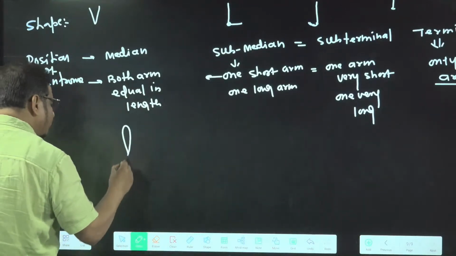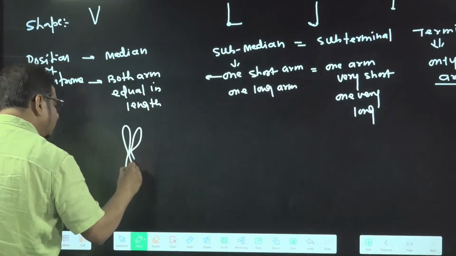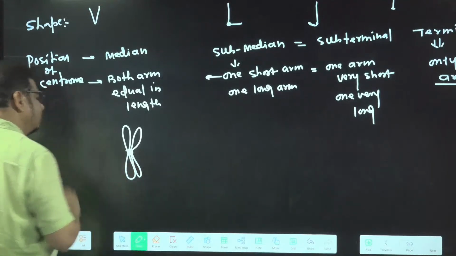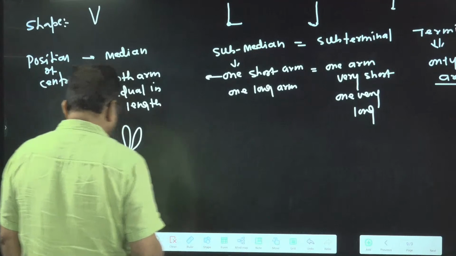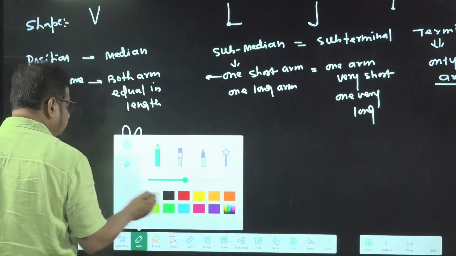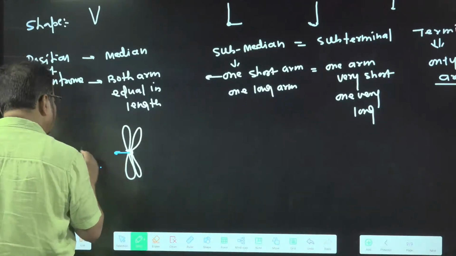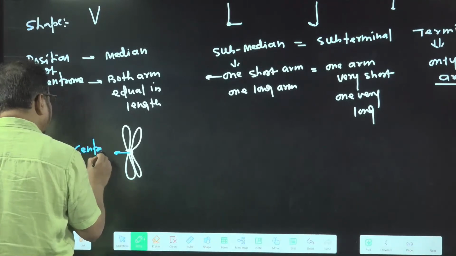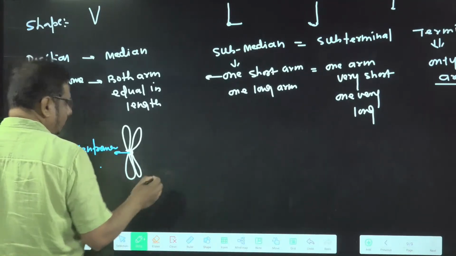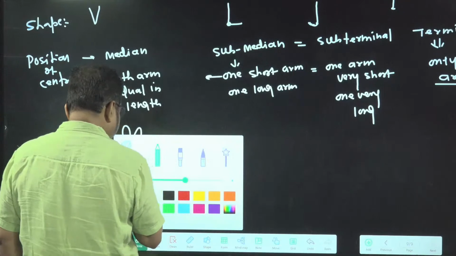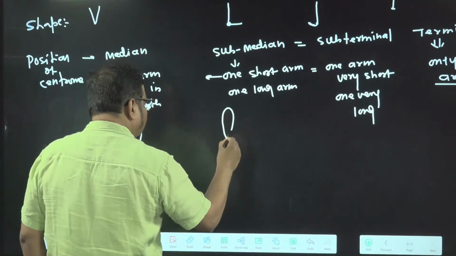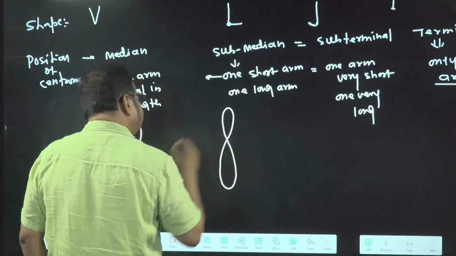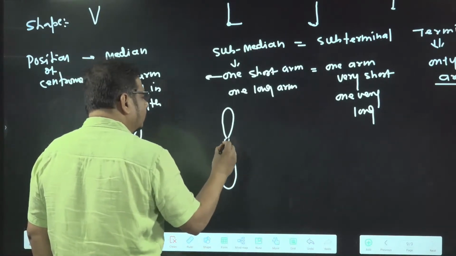Look here. This is metacentric. In the center, who is there? In the center, the centromere is there. In the middle, the centromere is there. Next one is submetacentric. You look here. One arm is shorter, another arm is longer.